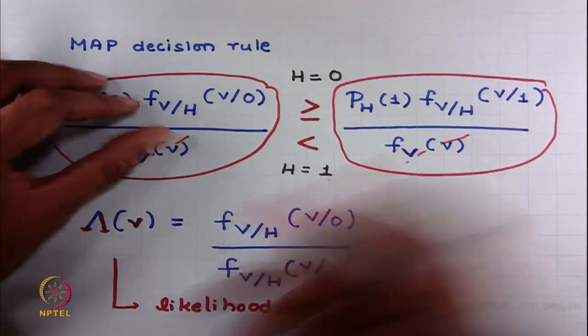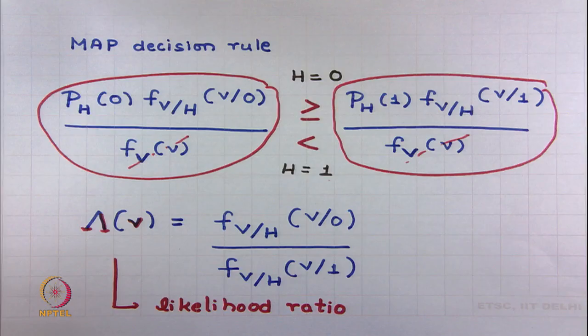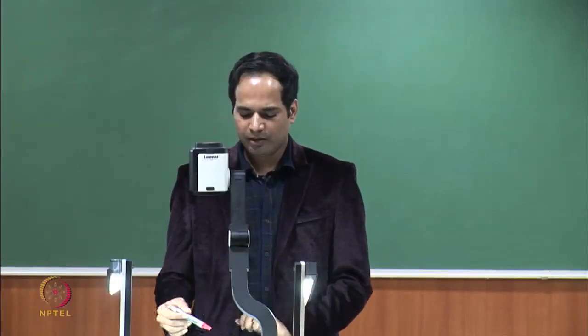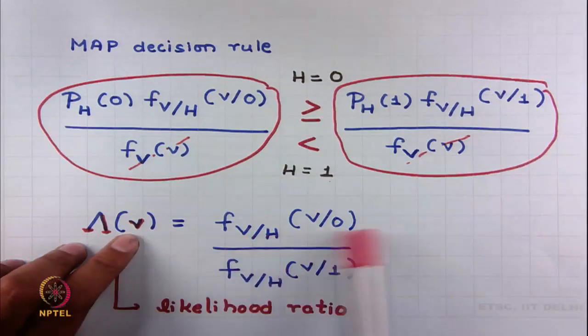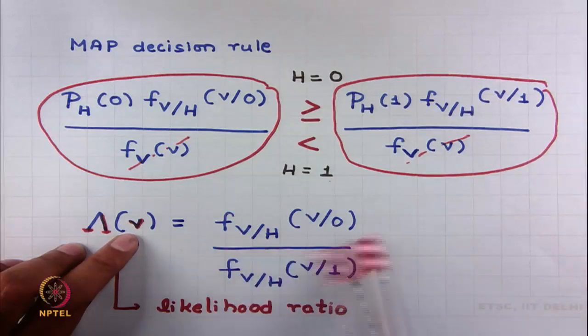You can also define the likelihood ratio in a different way, namely as the likelihood of hypothesis 1 divided by likelihood of hypothesis 0. It does not matter. The idea remains same. So, here we are defining the likelihood ratio as the likelihood of hypothesis 0 divided by likelihood of hypothesis 1.